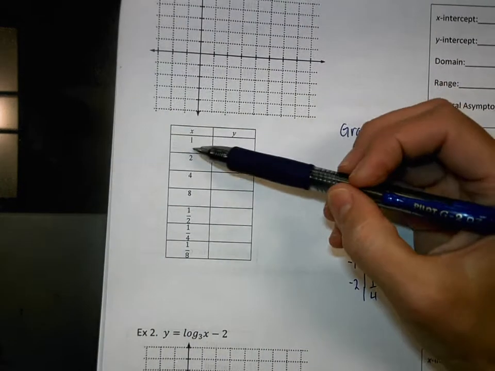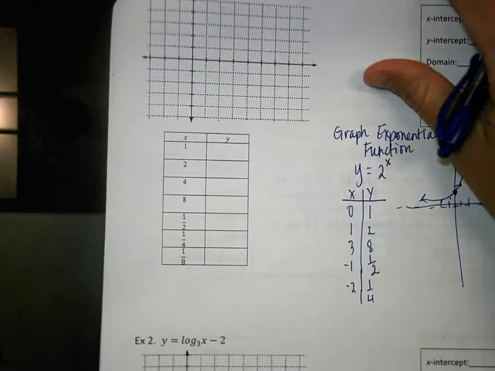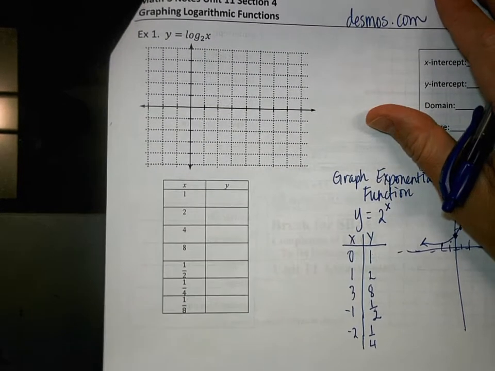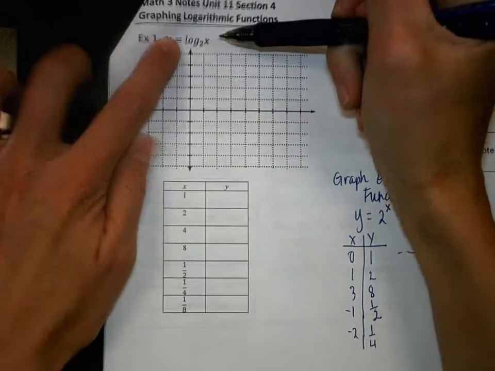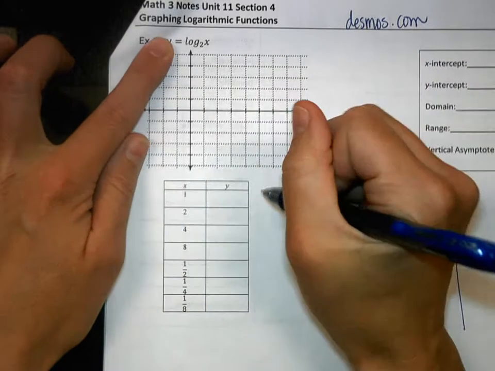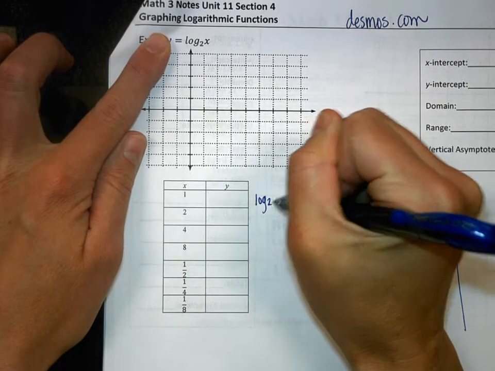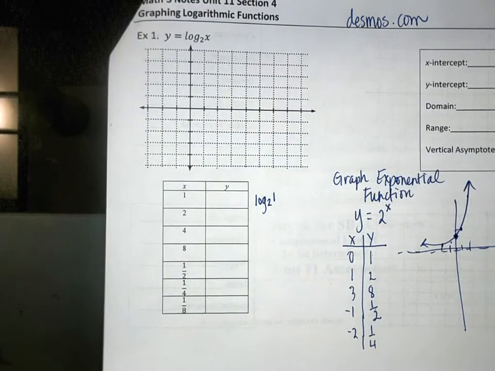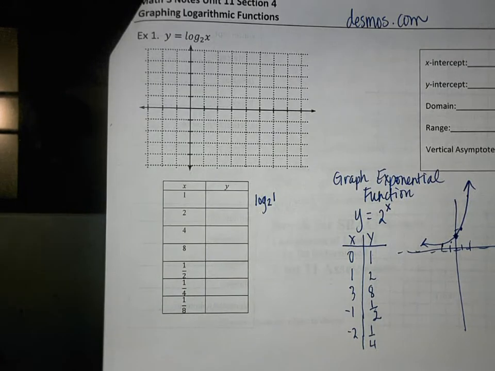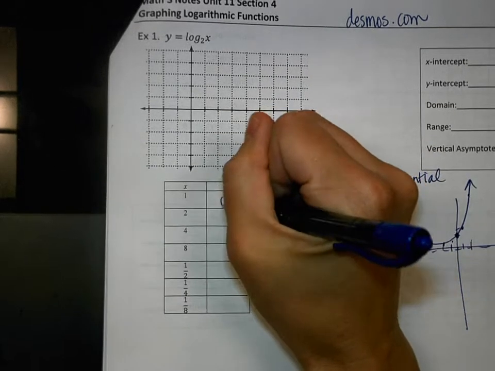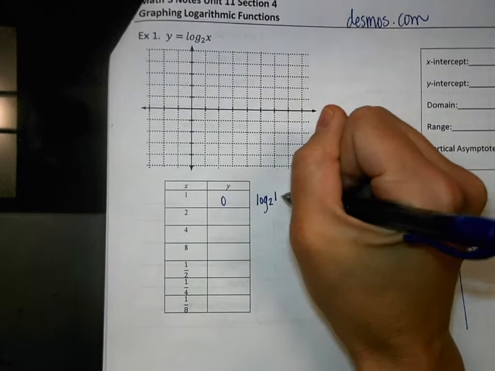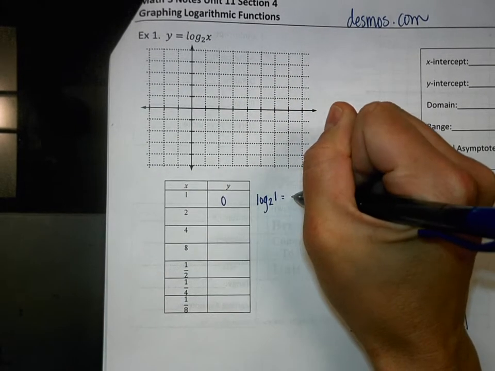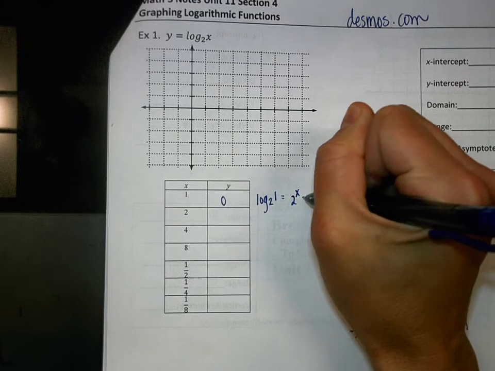So we have some values here for x that they've given us originally. If I plug 1 in here for x, I would have log base 2 of 1. That is saying 2 to what power will give me 1? 0 is correct. Remember, you can always think of this as 2 to the x power equals 1.